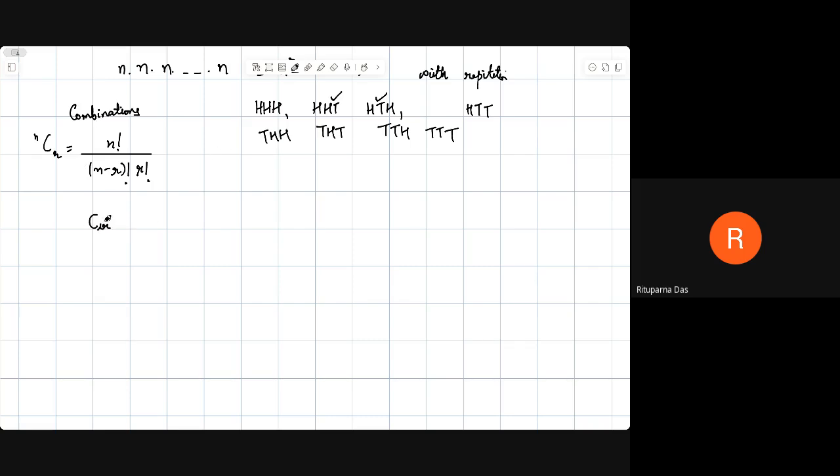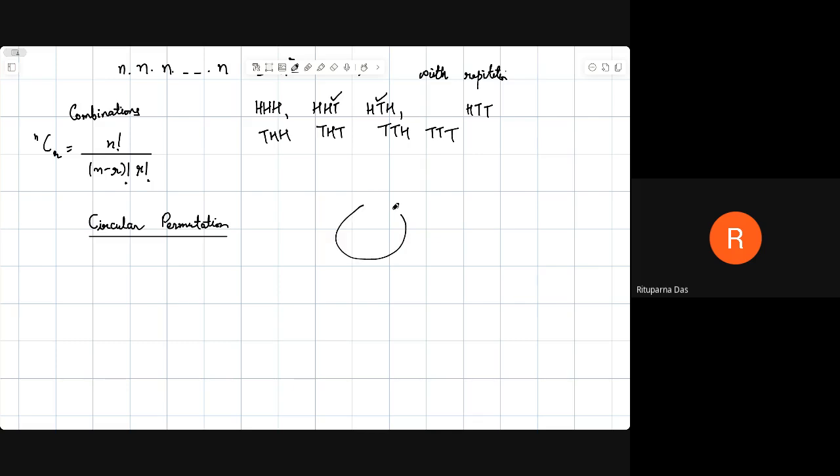So next we have circular permutation. Circular permutation is basically the permutation formula when you have n distinct objects arranged in a circle.